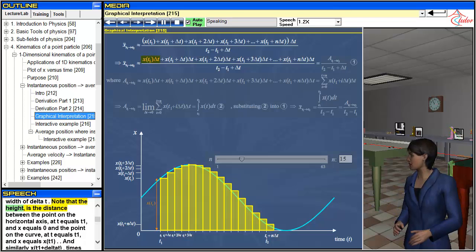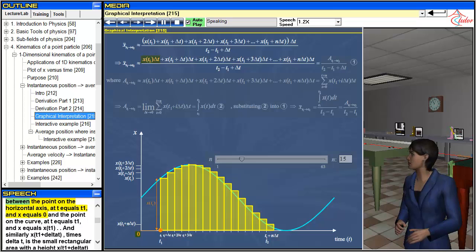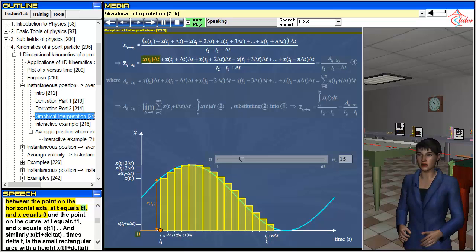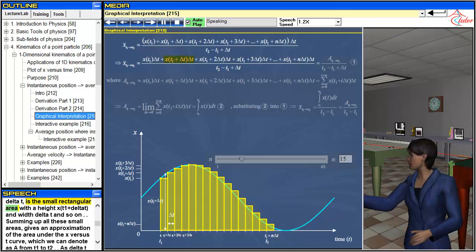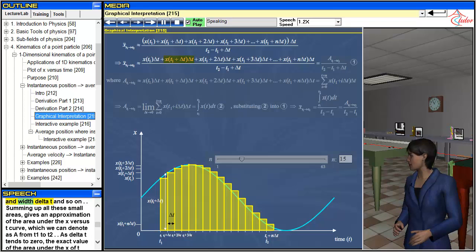Note that the height is the distance between the point on the horizontal axis, at t equals t1, and x equals 0, and the point on the curve, at t equals t1, and x equals x of t1. And similarly x of t1 plus delta t, times delta t, is the small rectangular area, with the height x of t1 plus delta t, and width delta t, and so on.